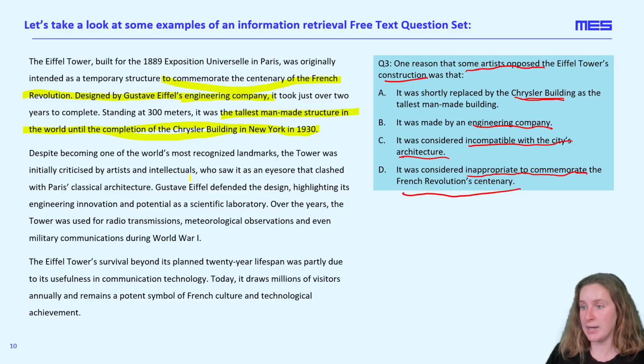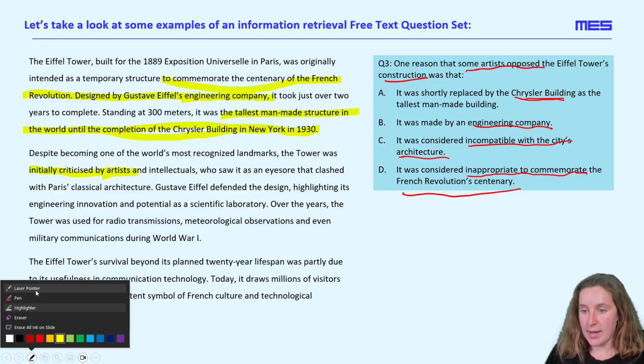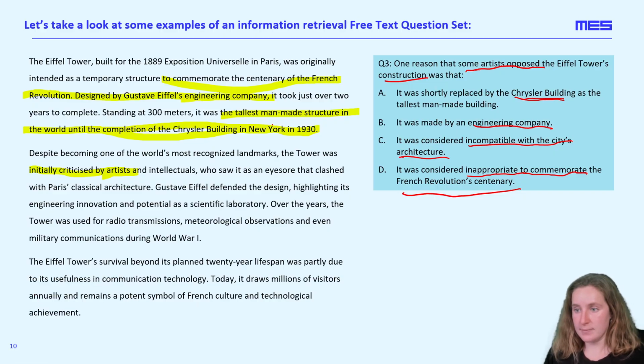It doesn't seem to be connected to, as we're scanning for, criticized or opposed, an artist. Here we go, we've got artists here, and it seems that these artists criticized, that sounds like opposed, who saw it as an eyesore that clashed with the architecture in Paris.